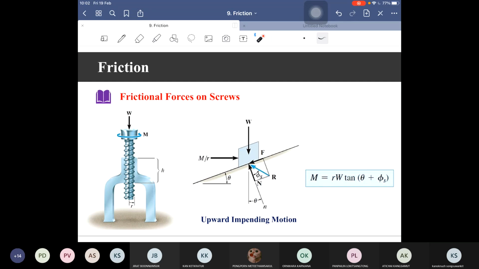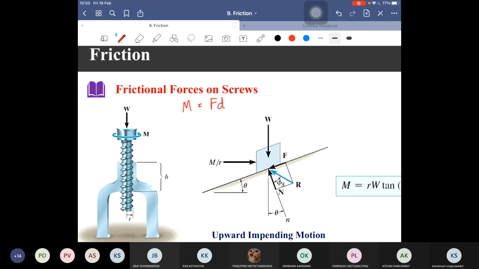Okay, so just consider a small section like this one. For this screw, we have one force exerted to turn this screw equal to M by R. So how can this become M by R? Let's go back to the moment M. We all know that the moment equals the force multiplied by the perpendicular distance.